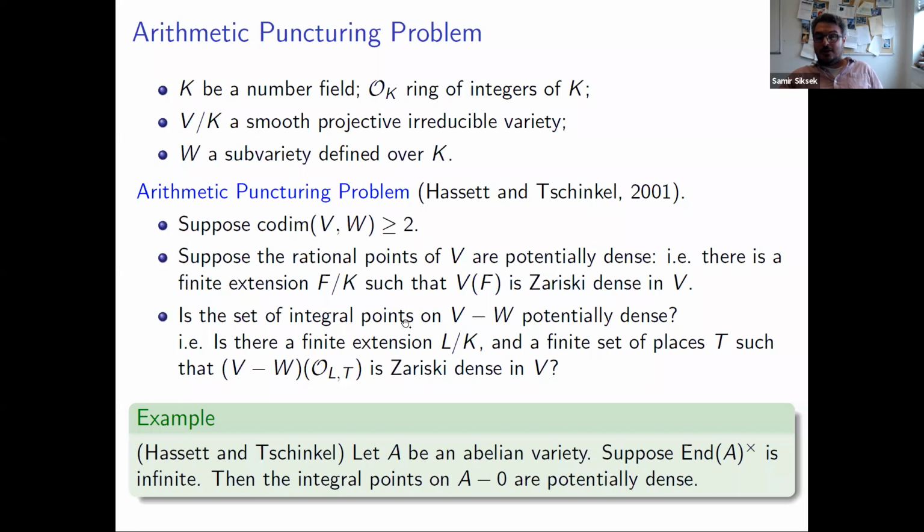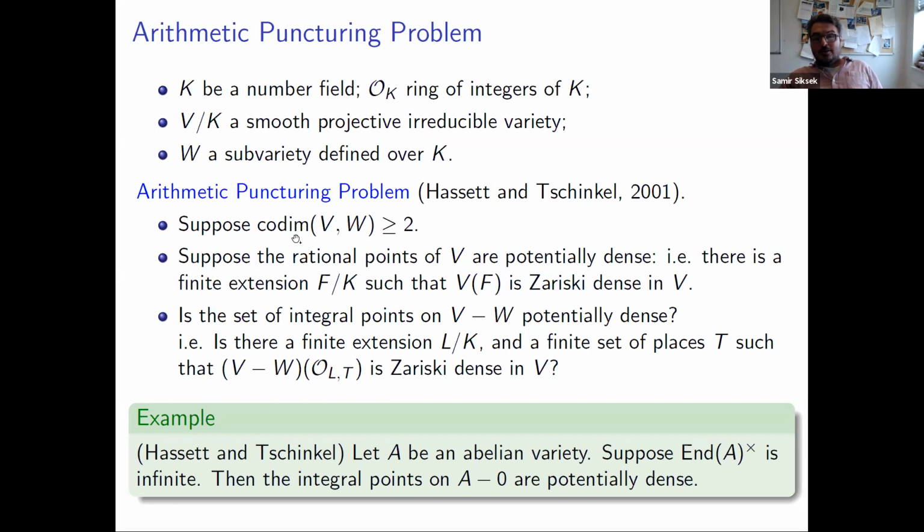So what does it mean for the points on a punctured variety to be potentially dense? It means that there's a finite extension, L over K, and a finite set of places T, such that the integral points here are Zariski dense in V. So these two conditions are necessary. Obviously if you want the integral points to be potentially dense, you need the rational points to be potentially dense.